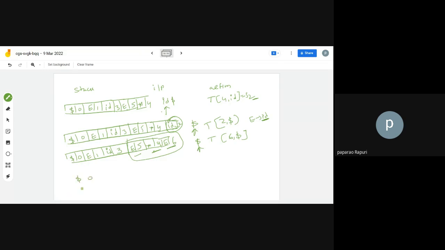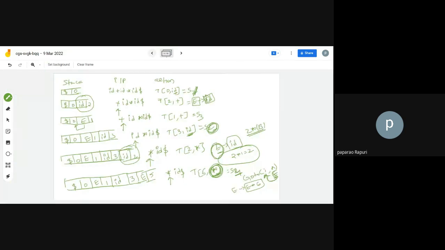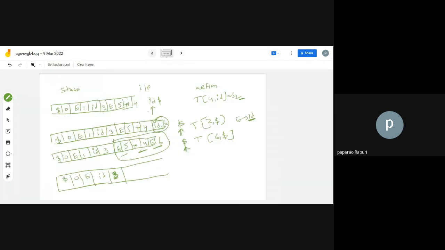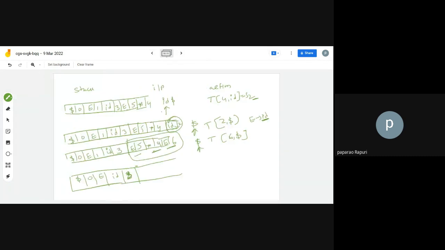Now $0 E ID 3, and these are all removed, and now we are replacing them with E and E comma 3.